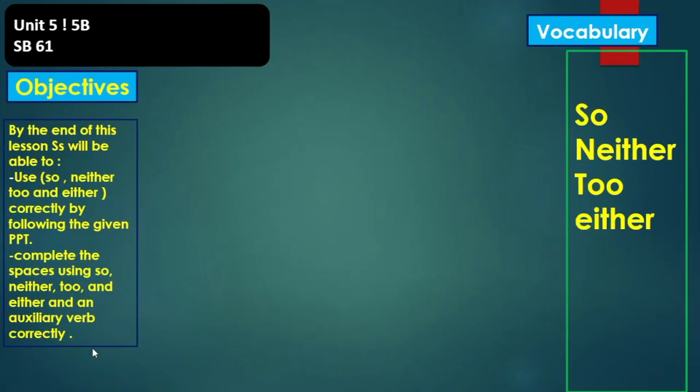Right. You have just listened to the instructors summarizing the grammar structure for today. The difference between agreement and disagreement.